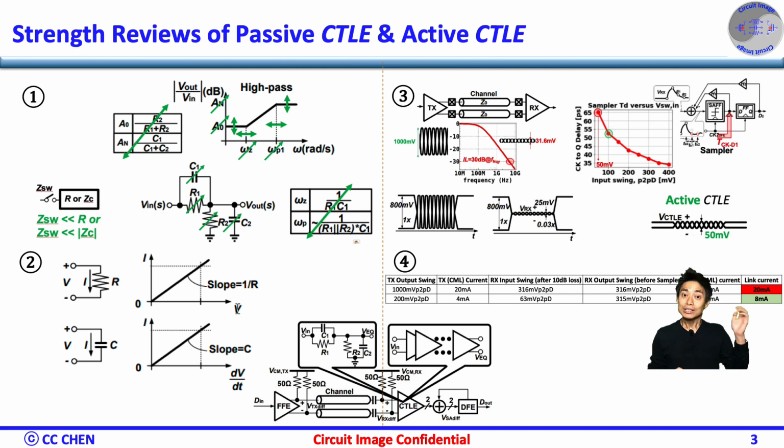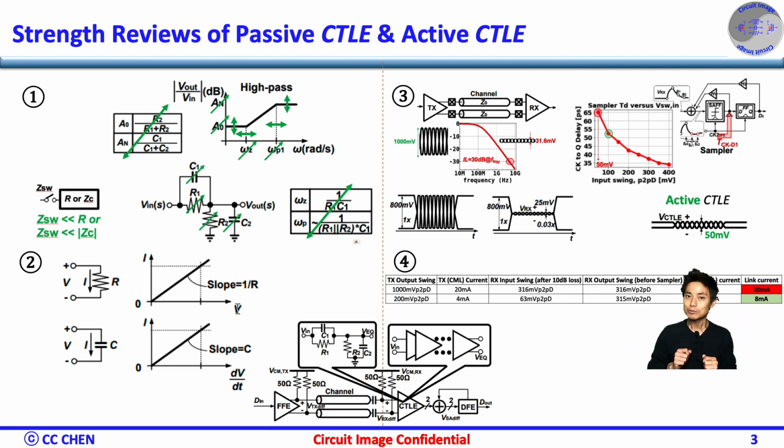Lastly, the good input sensitivity and signal-to-noise ratio provided by the active CTLE could also allow the TX to send a small swing with a low power state such that the whole power in a link can be reduced.